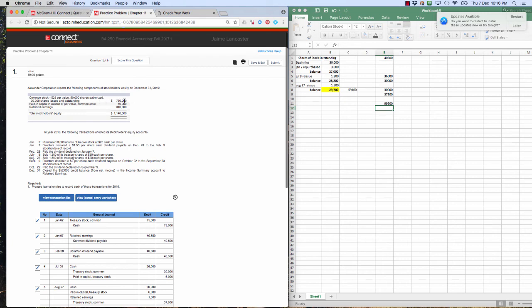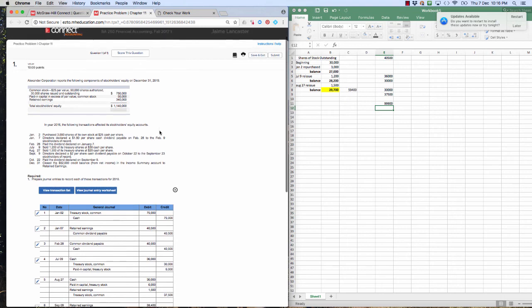It doesn't change even though we've had the situation where we've bought and sold shares. We're just dealing with the historical bit. And for that matter, the paid-in capital in excess of par that we got when we sold the common stock the first time, that amount doesn't change either. We will need to make an adjustment to the retained earnings amount and we'll have to add a line for the treasury stock that we repurchased.